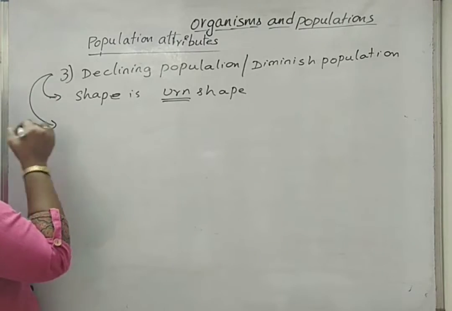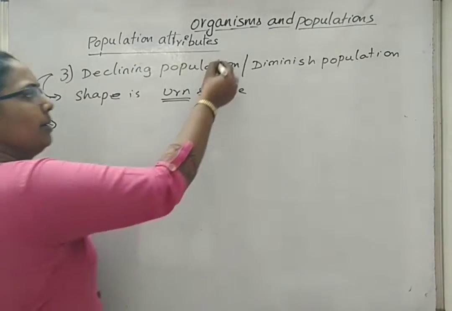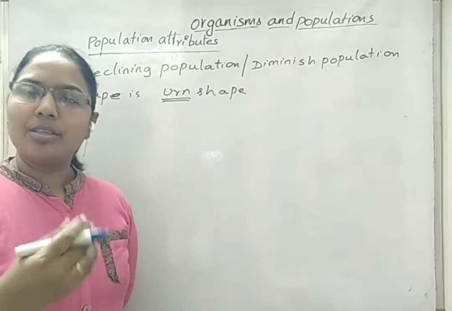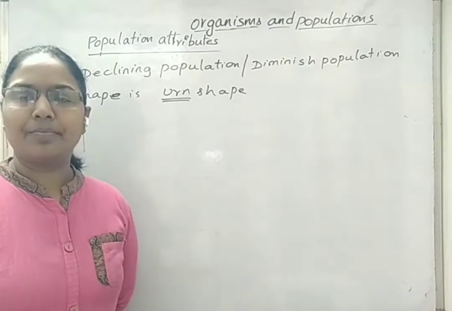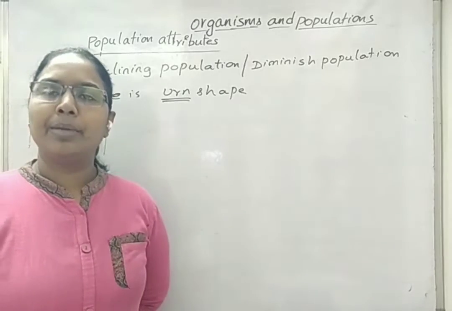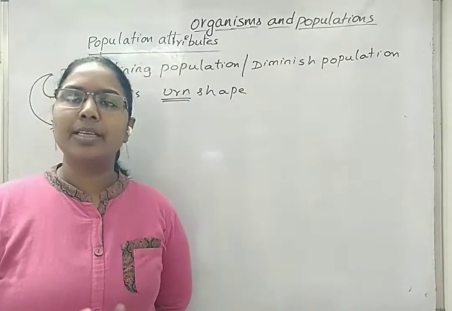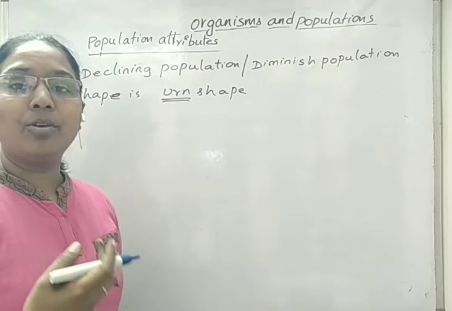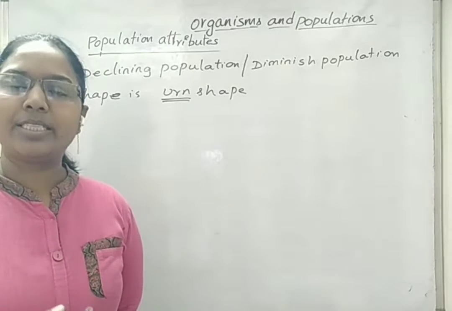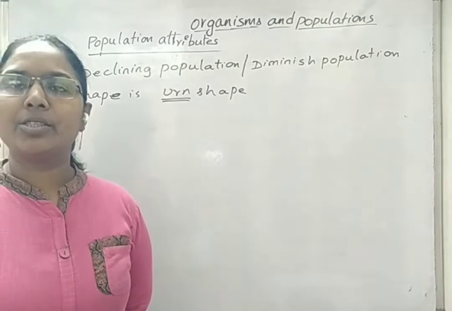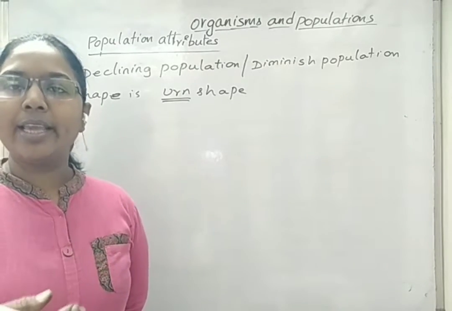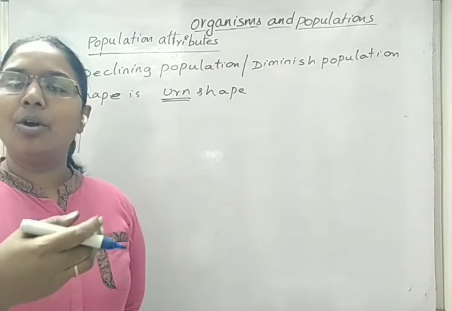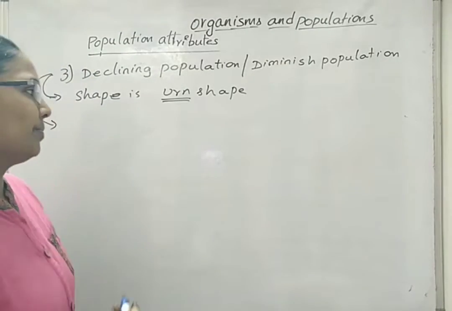Next, in some types of populations, the death rate of young ones is high, or there will be more stillbirths, or after the birth, because resources are not properly available for the young ones, the death rate of young ones is high, while the death rate of post-reproductive aged individuals might be less. In such conditions, the number of youngsters will be less compared to that of post-reproductive or reproductive aged individuals.